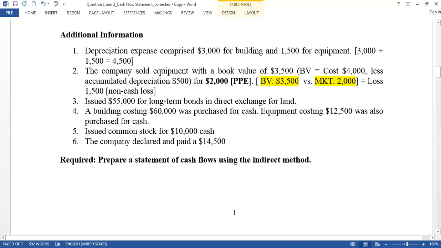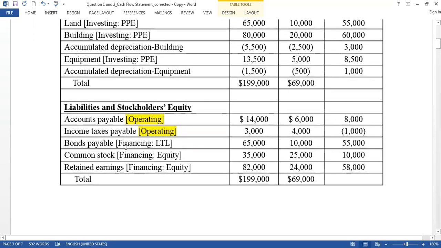Then let's see the current liability. Accounts payable increase. What is the meaning of accounts payable increase? Accounts payable means you are liable to pay this money, and this amount increase means you are holding this money, you have not yet paid. Your liability increase means it is other people's money, but held by you at this moment.